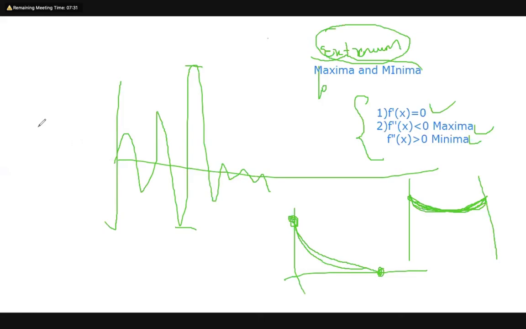Then we will solve one more problem. We will take 2 points on Earth's surface. What is the minimum distance between these 2 points? If you take a plane surface, then what is the minimum distance between these 2 points?